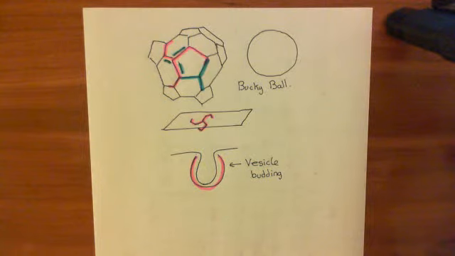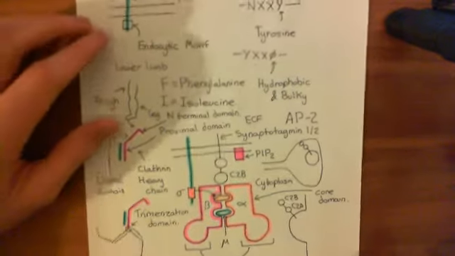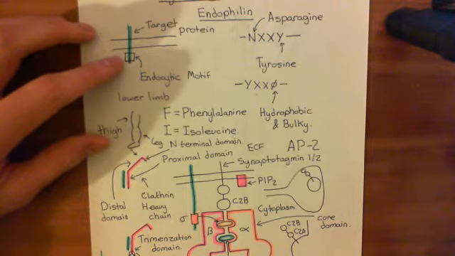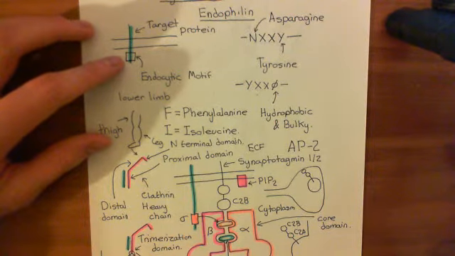Okay, right. So far what we've seen is that when you have a target protein in the membrane that you want to endocytose, so let's go back over to our picture, this target protein will have an endocytic motif on its cytoplasmic domain.